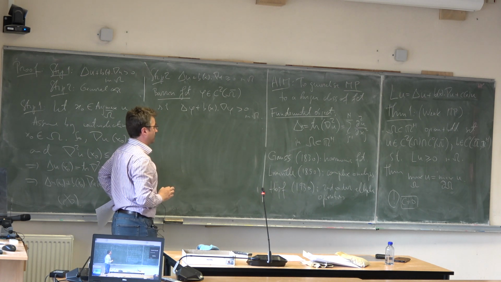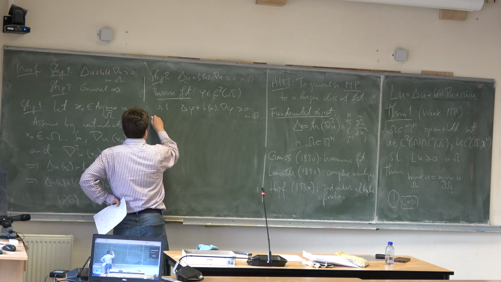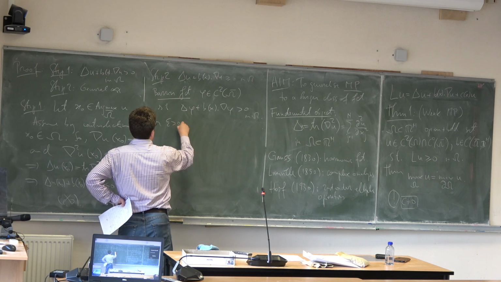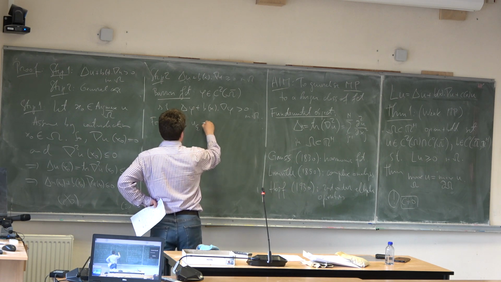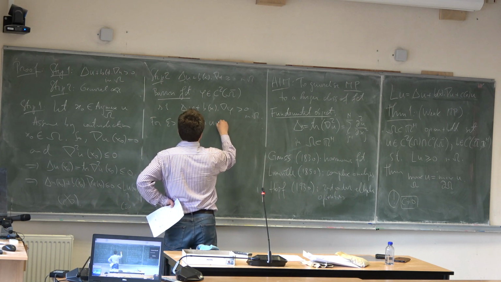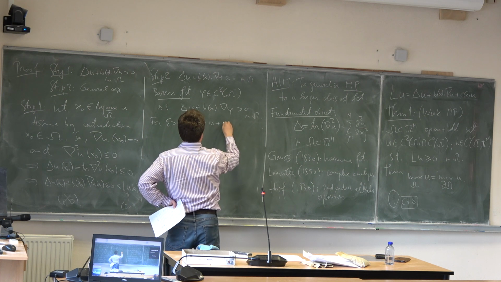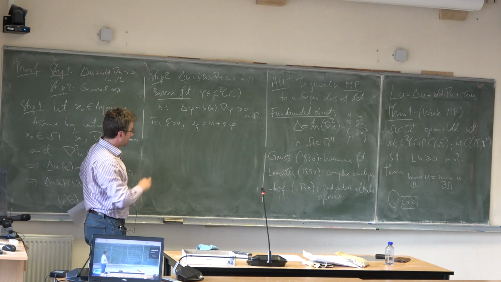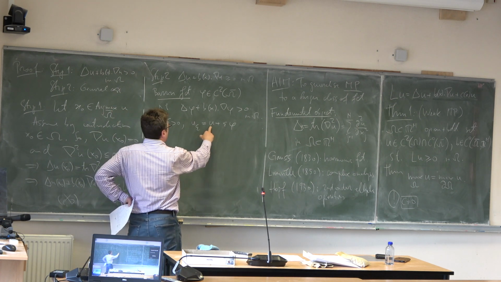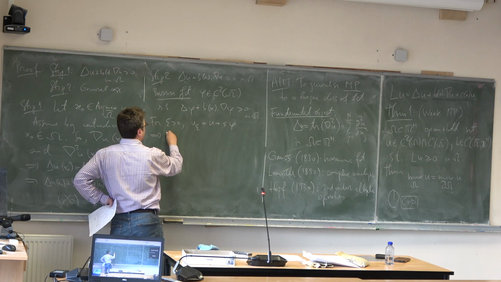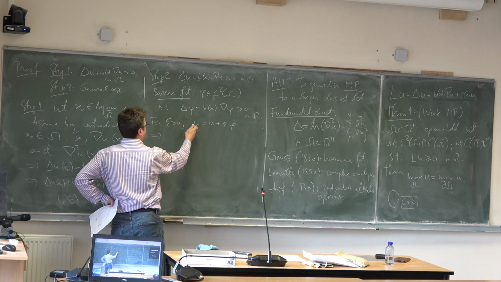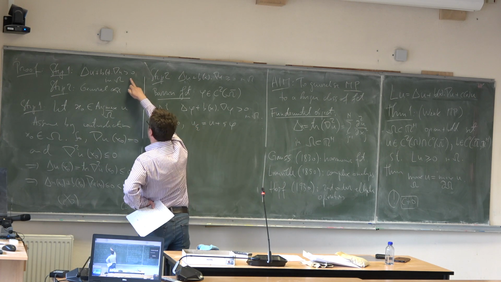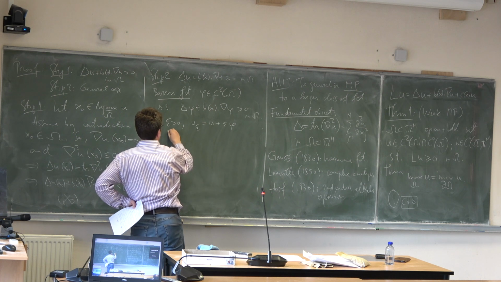Assume you construct such a function, then for every small epsilon, you will consider u epsilon to be u, your u in the hypothesis, plus epsilon phi. Clearly this u epsilon satisfies the strict inequality.